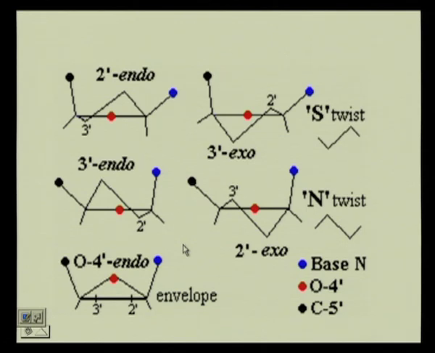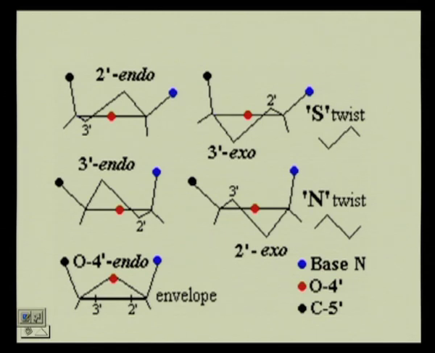This is what we mean. We have here, just look at one of these figures first. This red sphere is the oxygen of the sugar ring. We have a 5-membered sugar ring.